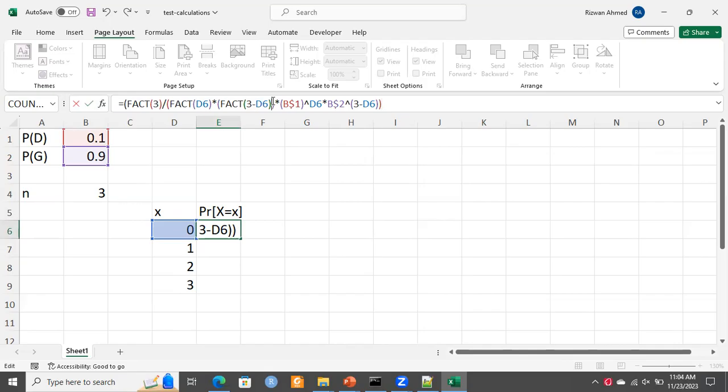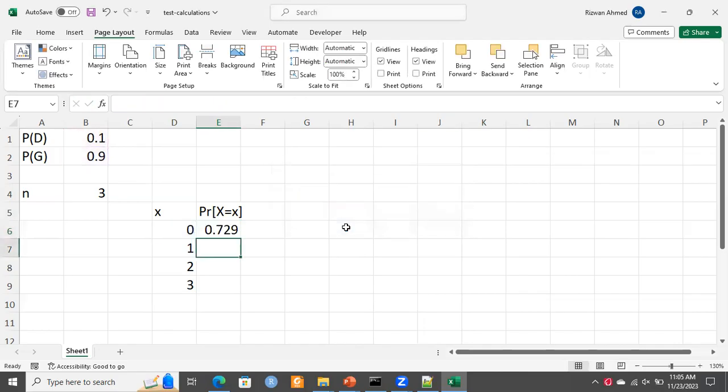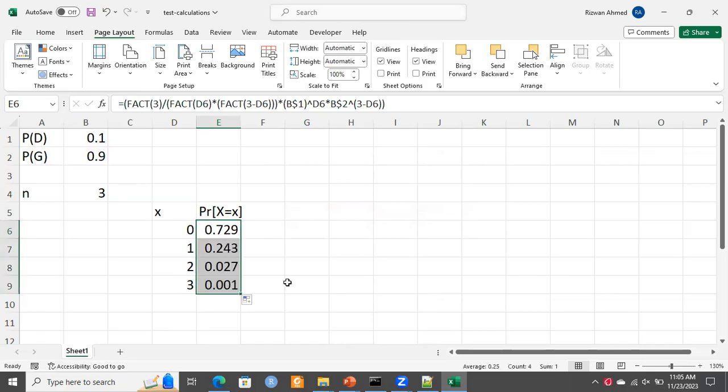Well, this should be completed here. Factorial, and this one, and not this one. So still there is an imbalance. Okay, 0.729. So the automatic correction is fine. The number is less than 1. Therefore, I am happy.